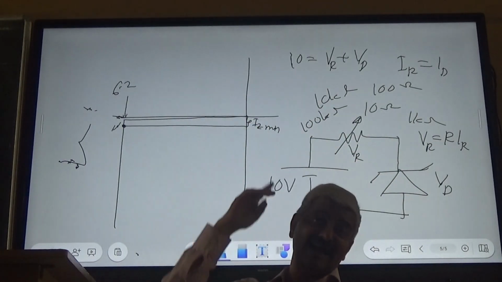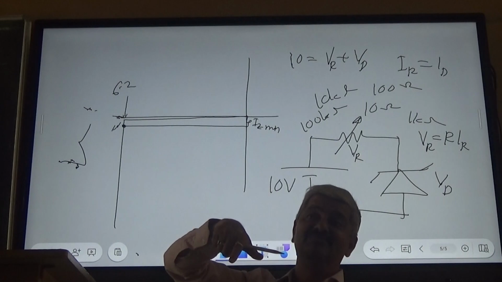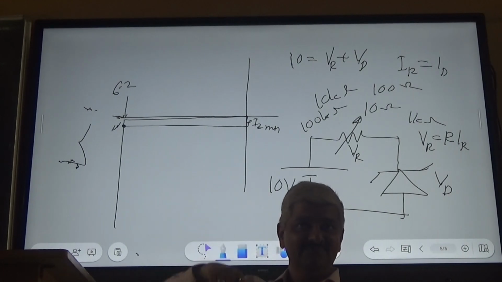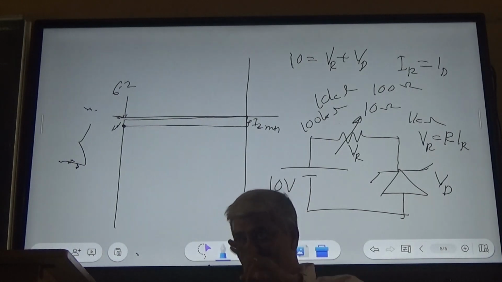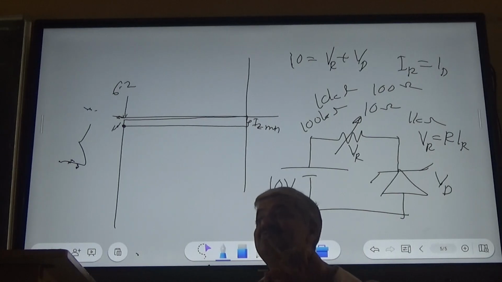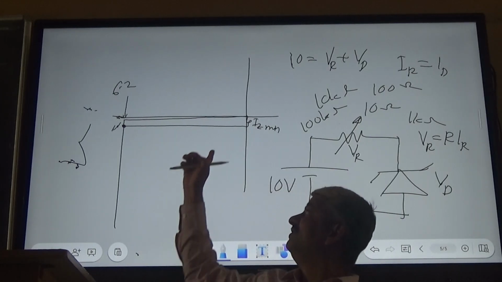What is the difference between that problem and this problem? In this problem there are two equations, one decided by the resistance and one decided by the diode. For the resistance the equation is linear, but for the diode the equation is non-linear.